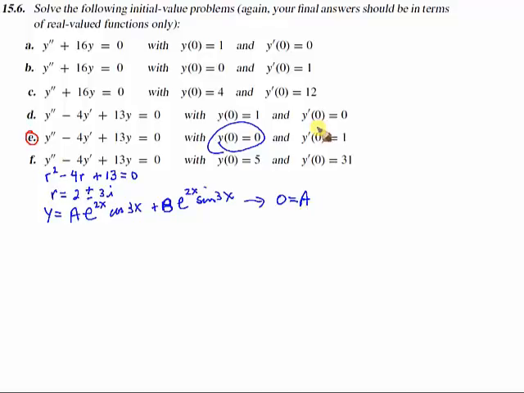We still, however, have to do the derivative and use the other condition. So let's do the derivative of this. Product rule.